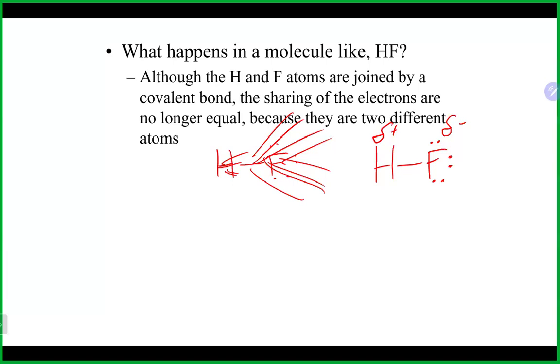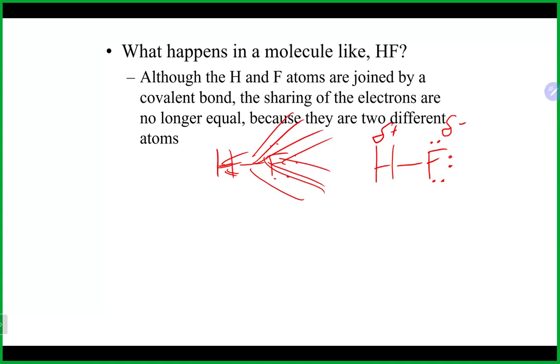Unlike what we had in our nonpolar bond, which is essentially a neutral bond, with no charge because they're sharing those electrons equally, in a bond like this, because of the unequal sharing, we actually get a bond that has charges on either end, a partially negative charge and a partially positive charge.